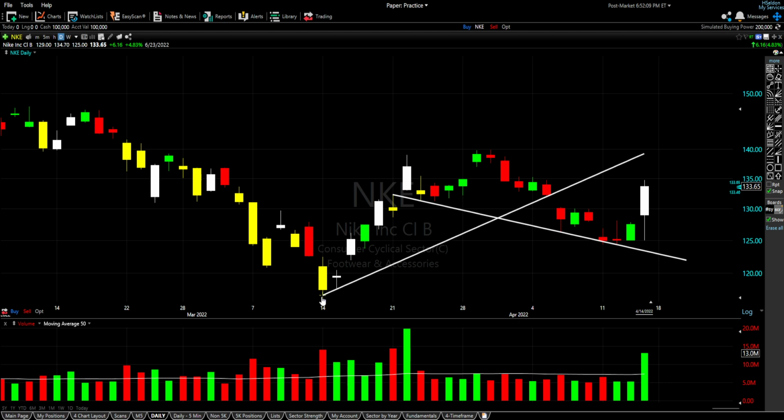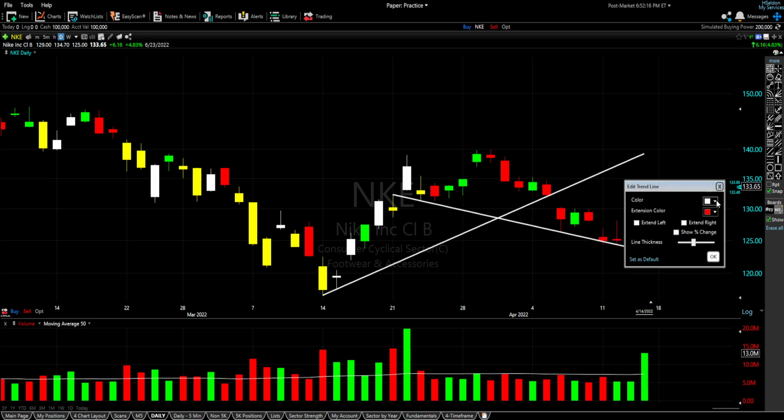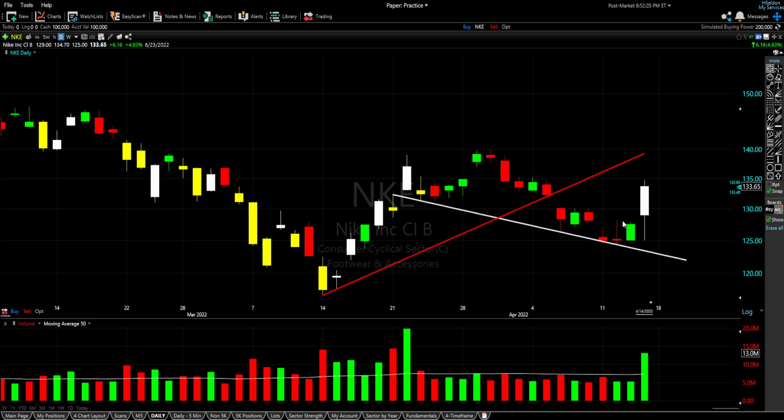And we have an upward sloping line here, which was violated to the downside on a gap down. We'll make it red because it violated to the downside. And then here we have a downward sloping algo line here. And you can see it's actually offering some pretty strong support and has not yet been breached. These two cross each other, creating this price point.